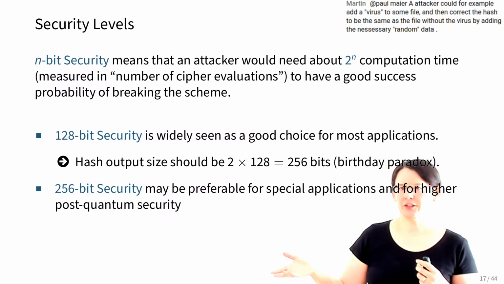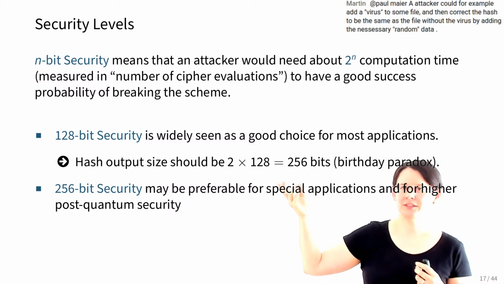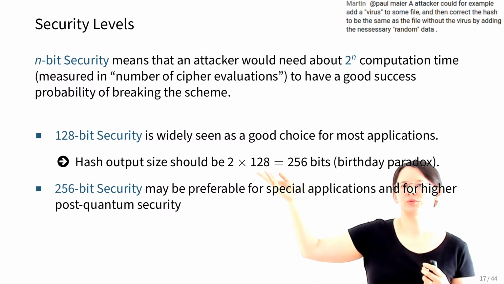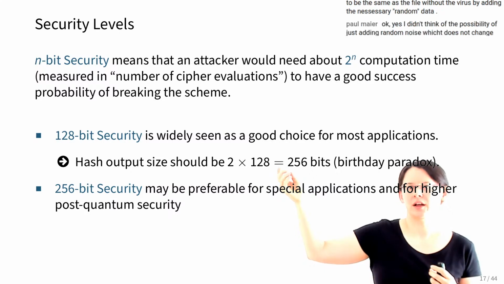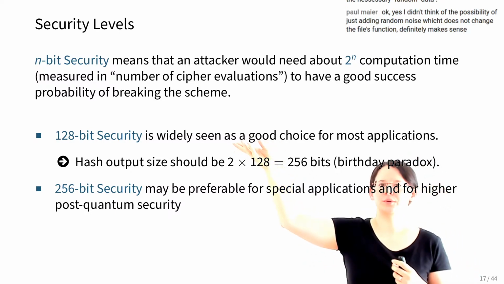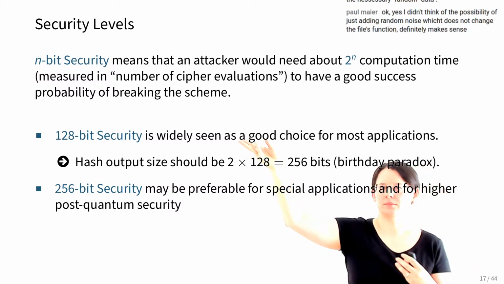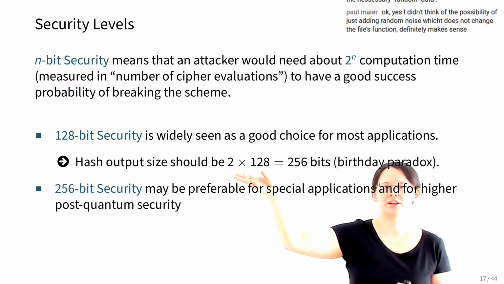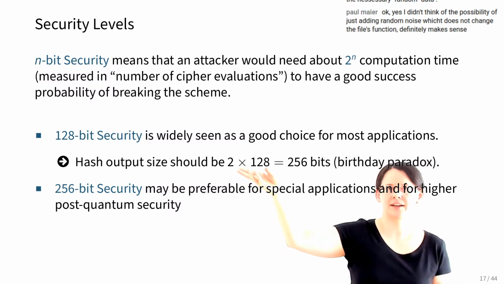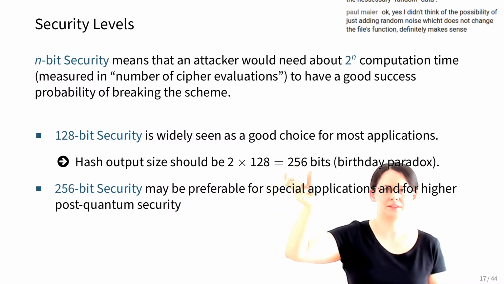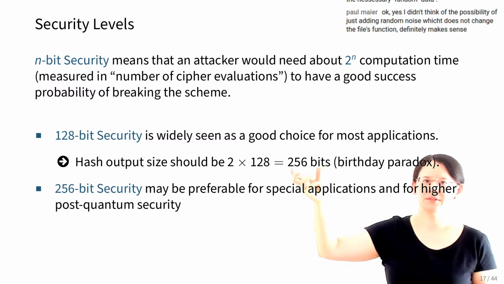What does this mean for hash functions? We saw that for hash functions, the cost is usually 2 to the t divided by 2. So if you want to have 2 to the 128 security or attack cost, then our hash output size needs to be twice that size. It needs to be 256 bits. So this is the minimum size you should aim for when using a hash function.